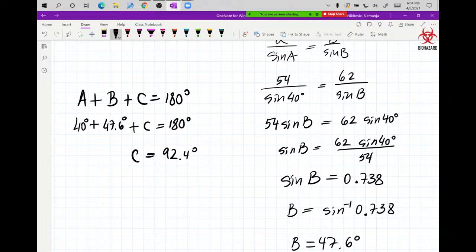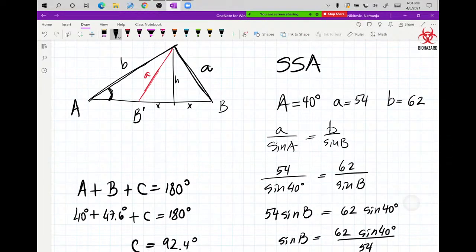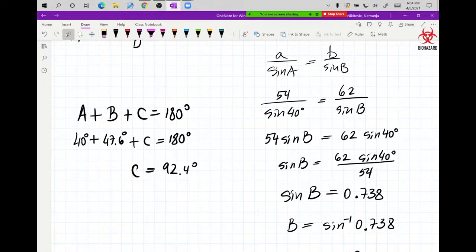And you can go and figure out the length for side C using, again, law of sines. So you can go A over sine A is equal to C over sine capital C for the angle.